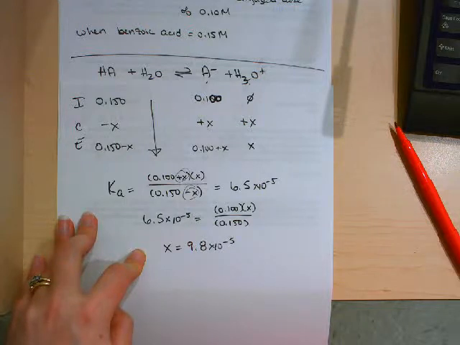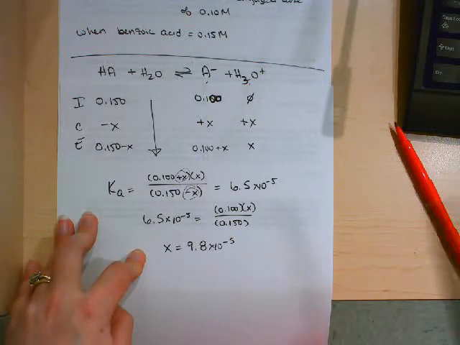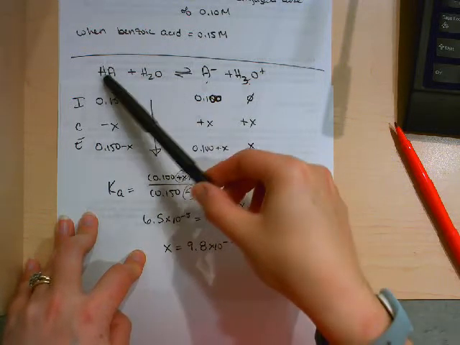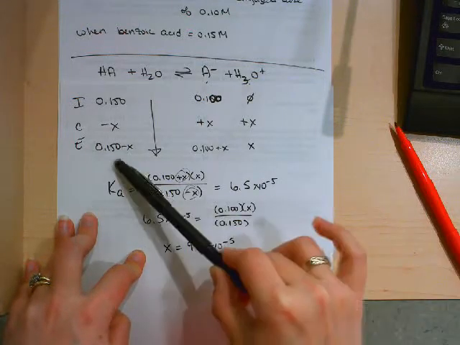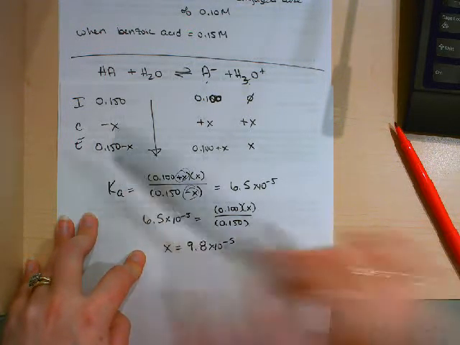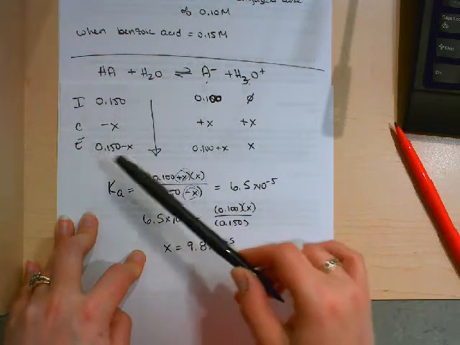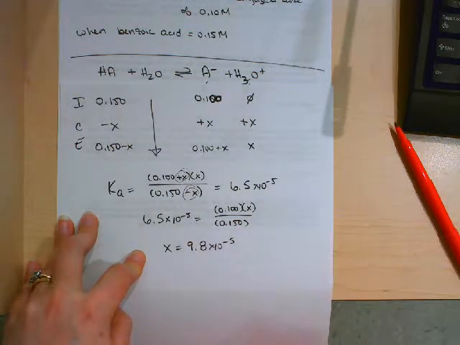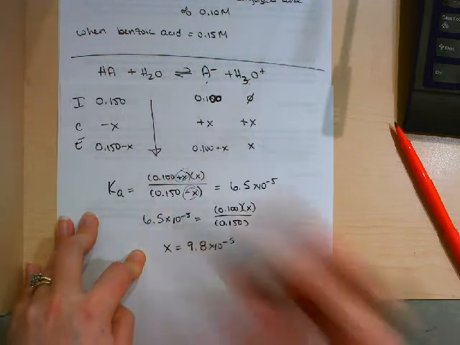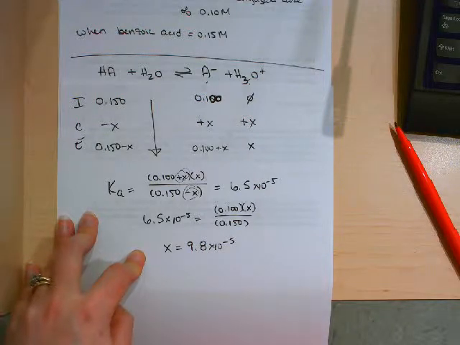Alright, so the same question. Now, how do I figure out the percent ionization? Which one do I compare it to? So the Ka is calculated from the HA, so we need to compare it to the HA losing stuff rather than the A minus gaining stuff. The assumption is that the reactants don't lose very much, so I want to compare it to how much it could have lost, if that makes sense.